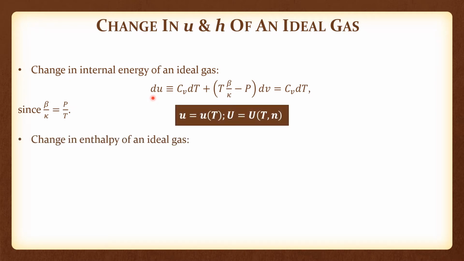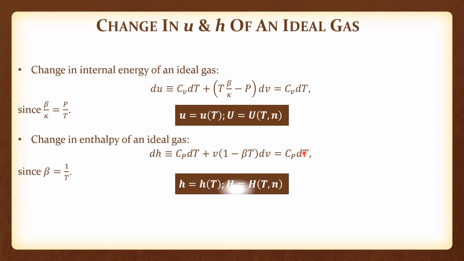And similarly, change in enthalpy of an ideal gas is given by Cp dT plus V into (1 minus beta T) times dP, but beta is 1 by T, and therefore this term will vanish and dH will be Cp dT, and enthalpy is also a function of temperature alone. So these can be integrated to get change in internal energies and change in enthalpies, and this is one of the most commonly used expressions for getting changes in enthalpies and internal energies of ideal gases.